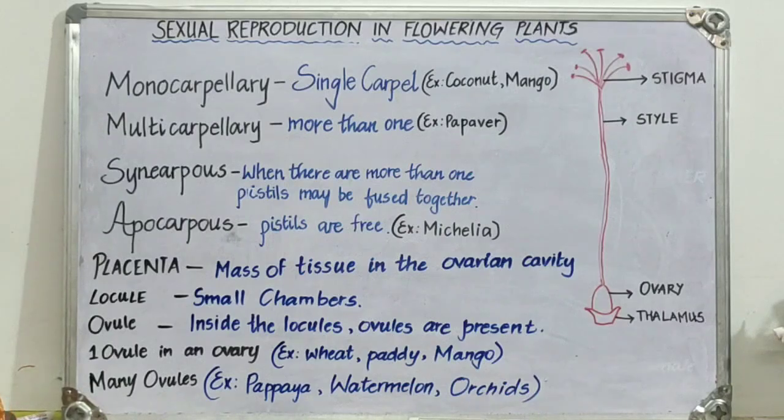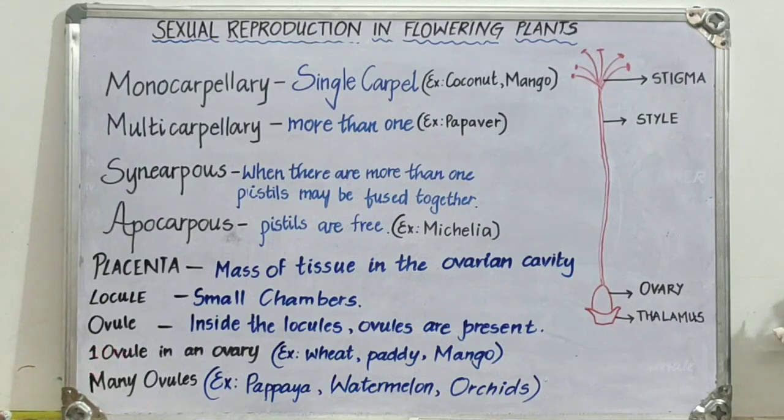In our chapter we will see the anatropous ovule. In the next class what we have to see is the structure of the anatropous ovule, and one more important point here is that ovule is the common name for megasporangium. Megasporangium is the scientific term, and commonly it is named as ovule.